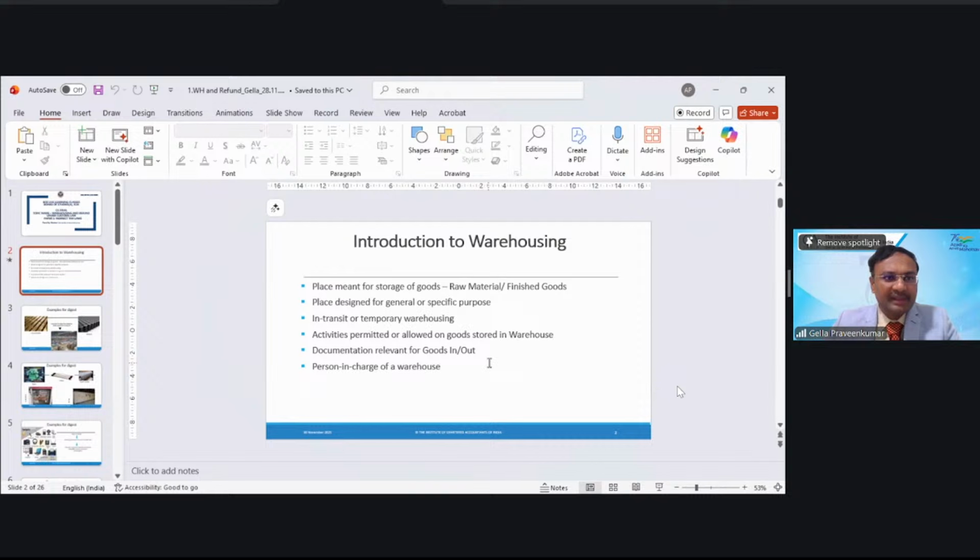We understood the basic aspects and nuances of warehouse. Why do we have a customs warehouse? The kind of warehouse we have. Then what is the time limit within which goods have to be stored in a warehouse? What are the formalities? And what bond needs to be executed for keeping the goods in a warehouse?